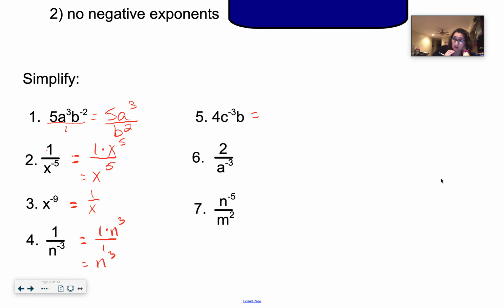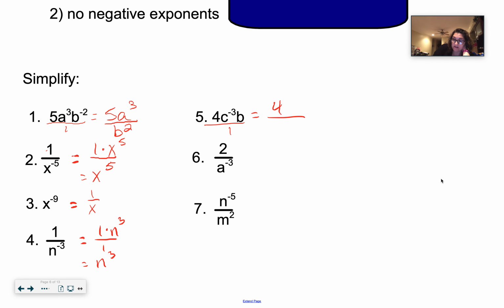Okay? Number 5. We have 4c to the negative third times b. Once again, I don't know what any of these variables mean or what they represent, so I'm just going to simplify as best as I can. So 4, can't do anything with that. All of this is in the numerator right now, remember that. So I know I'm going to have some numbers in the numerator and some in the denominator because I have a negative exponent.